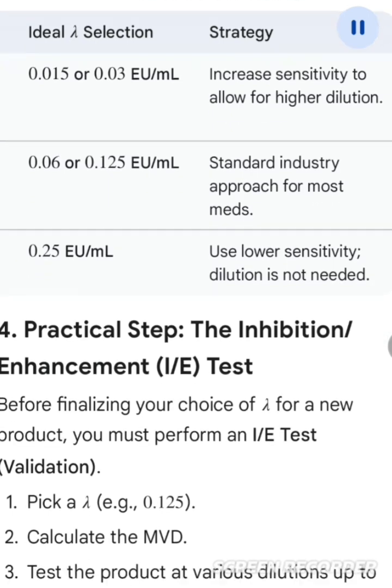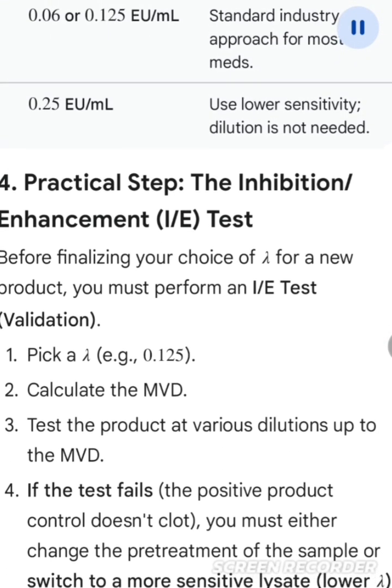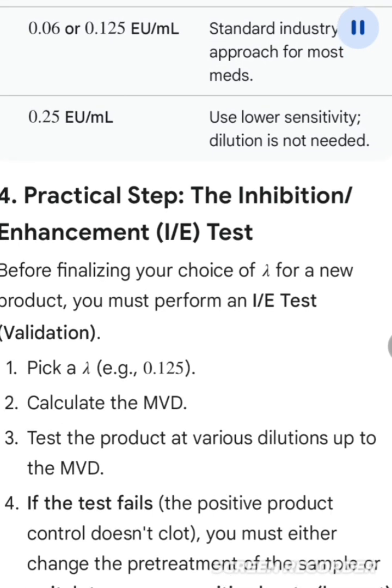4. Practical step: the inhibition enhancement, IE, test. Before finalizing your choice of lambda for a new product, you must perform an IE test validation. 1. Pick a lambda, e.g. 0.125. 2.